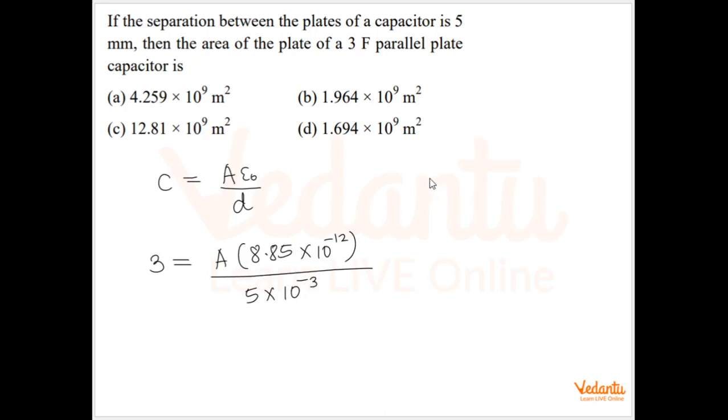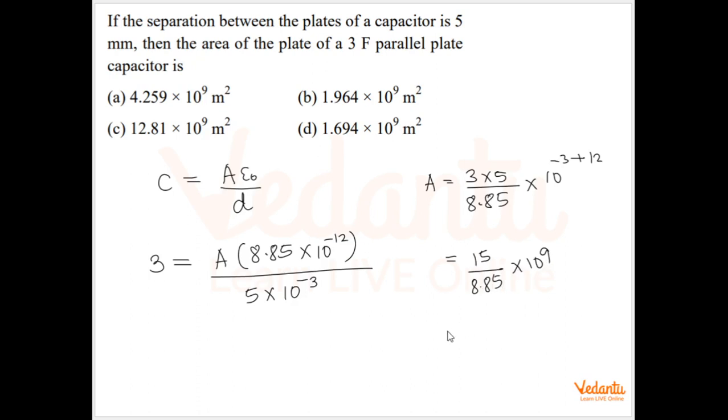That gives me, my dear bacha log, A is equal to 3 into 5 divided by 8.85 into 10 power minus 3 plus 12. That will come out, beta, somewhere around 15 divided by 8.85 into 10 raised to the power 9.